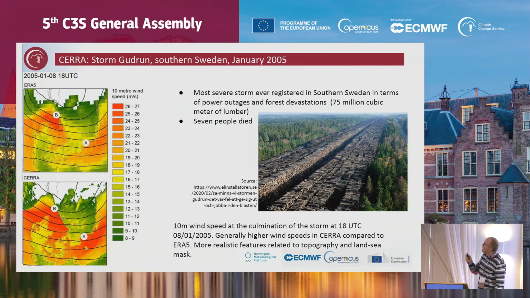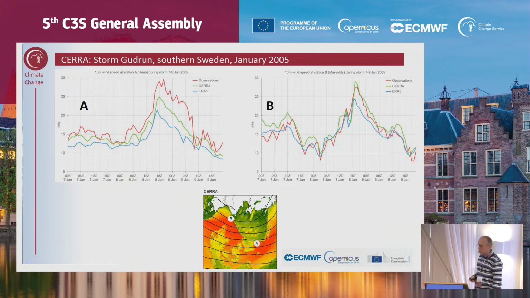If we now compare with observations for some points here, we see that SERA, the green line, follows the observations in red in a better way than ERA5 is able to do. So it adds value for this case.